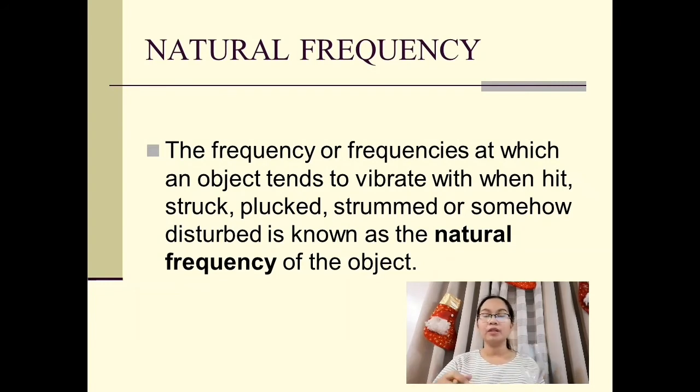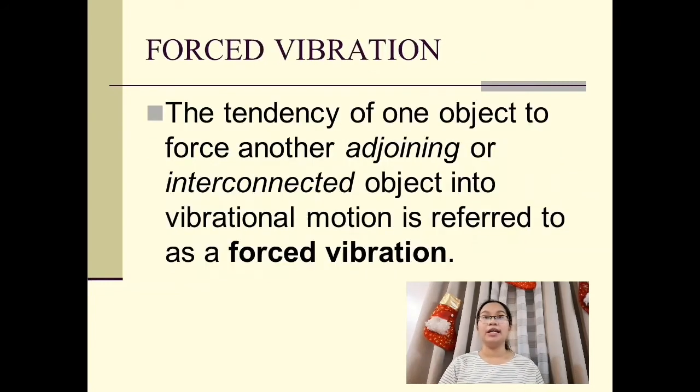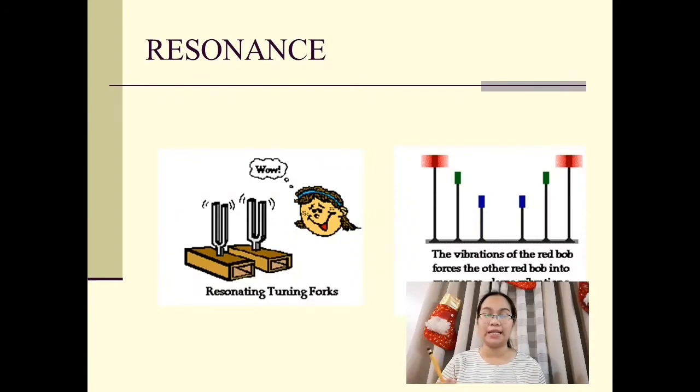Now, we also have what we call forced vibration. The tendency of one object to force another adjoining or interconnecting object into vibrational motion is referred to as forced vibration. I will try to have a demonstration also. For example, you have two wine glasses near each other, and you place a straw on top of the other one, and then you set this wine glass into vibration, and you observe what will happen to the straw, okay?